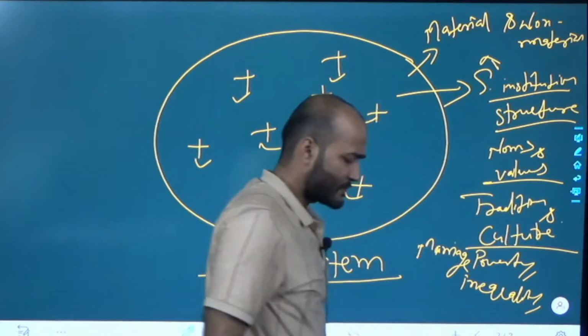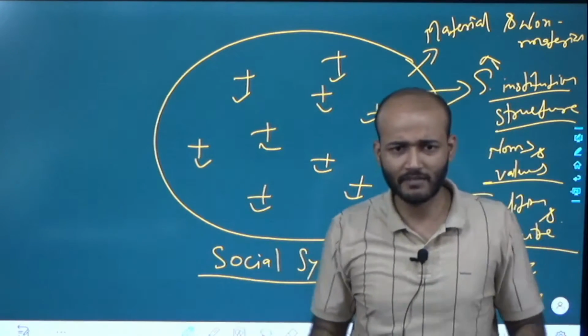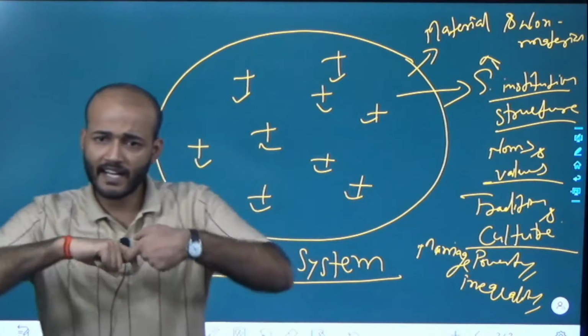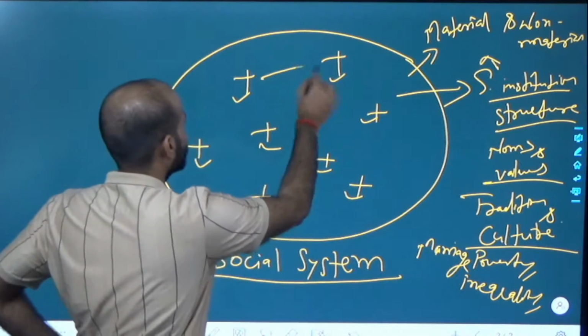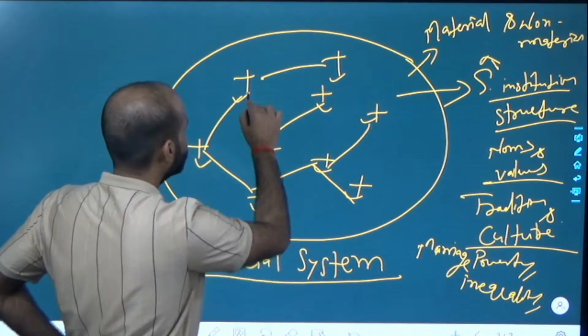So what Talcott Parsons talks about is that the social system is going to contain everything we are witnessing in society, and all these things are interconnected to each other, right? All are interconnected to each other.